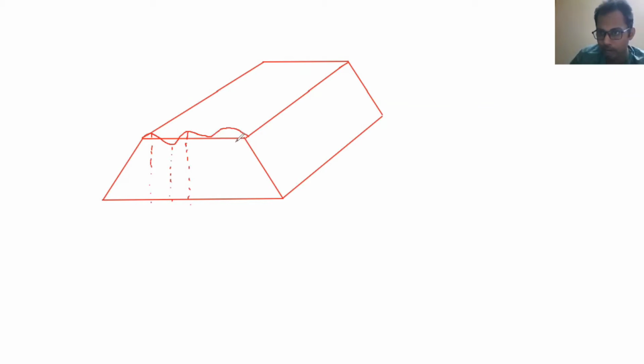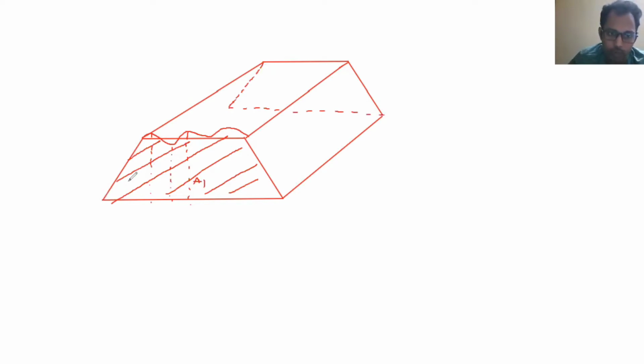Once you know the area of this cross section, let the area of the cross section be A1. There will be another area, invisible to us now, so let this be the area of cross section A2.